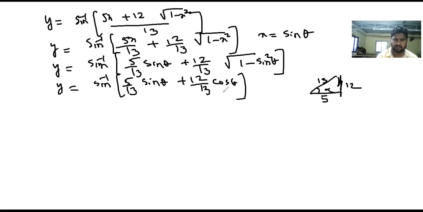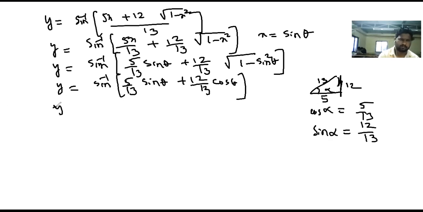From the figure, what is cos alpha equal to? Cos alpha is equal to 5 by 13 and sin alpha is equal to 12 by 13. So y is equal to sin inverse of cos alpha into sin theta plus sin alpha into cos theta.